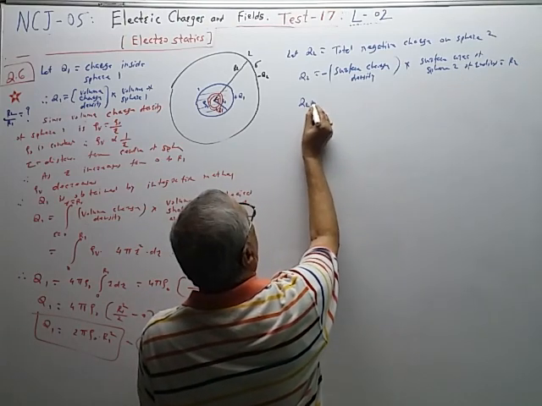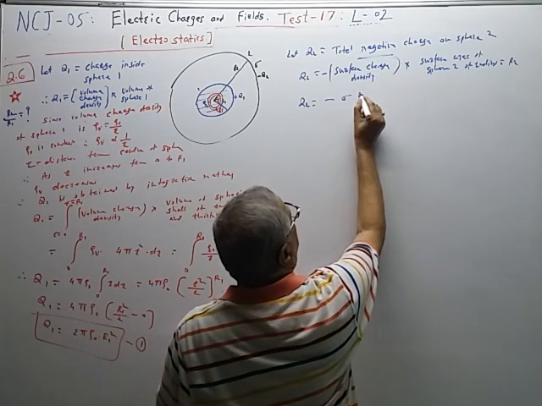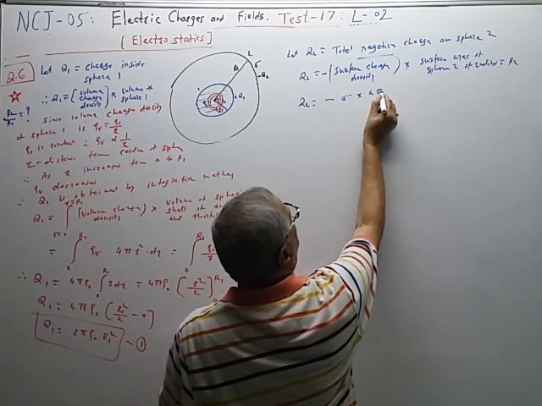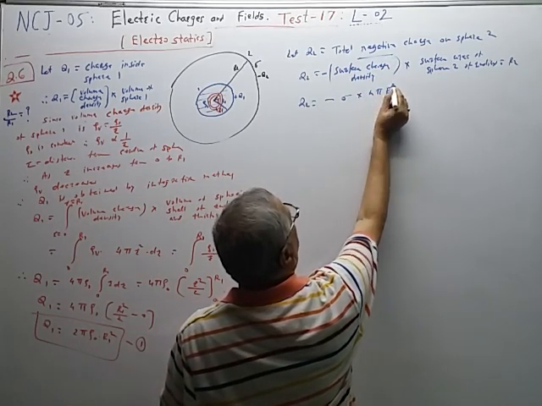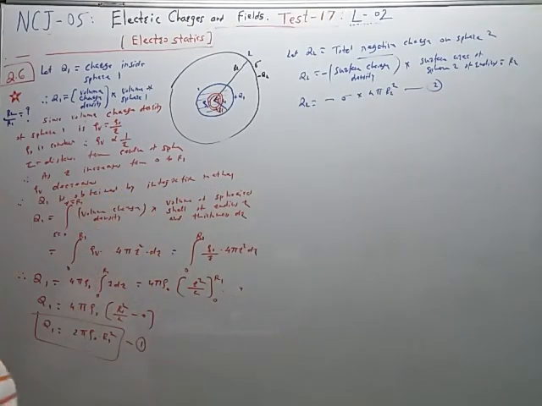Therefore q2 is equal to minus sigma for negative charge into 4 pi r2 square. This is equation 2. This charge is negative.